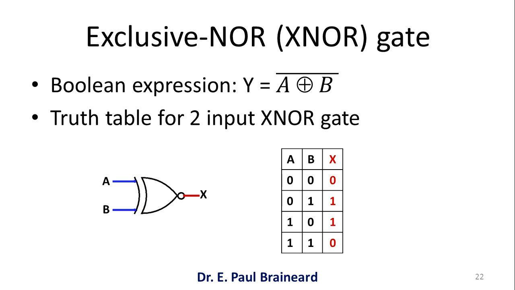The truth table for two input XNOR gate is shown in figure. Basically, this is an inversion of XOR gate.